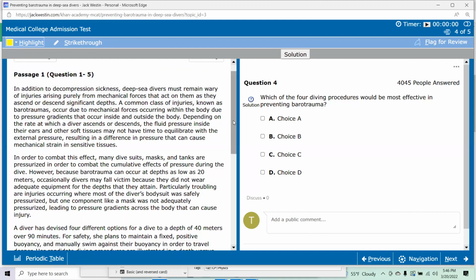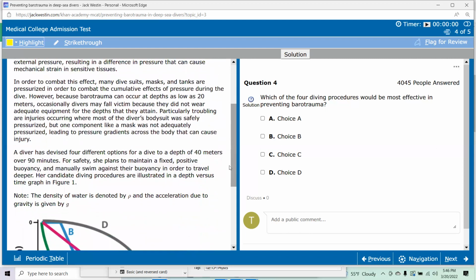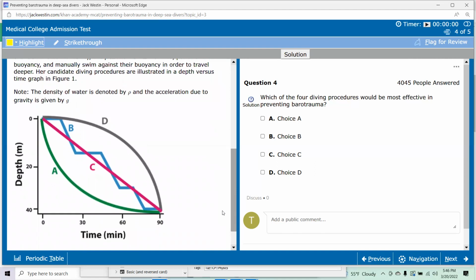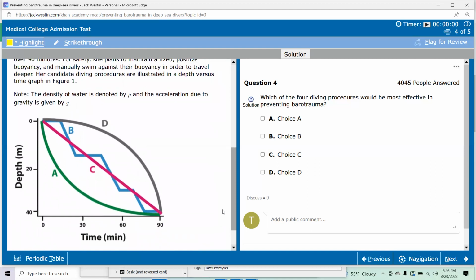Okay. Right in this passage is a very, very big hint at this answer. Did anybody catch the hint? Think about what a graph tells you. What values can you get out of a graph? Actually, that might be a little too vague. Basically, what is the difference in these various paths, right?